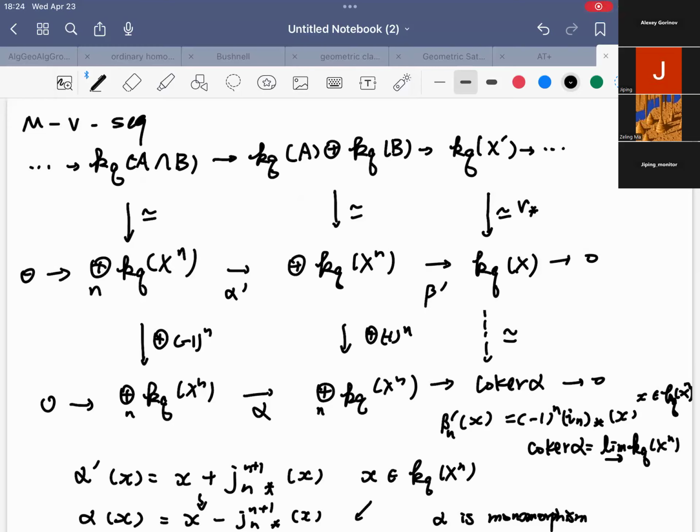So from this diagram, we prove the theorem that KQ X is equal to the limit.